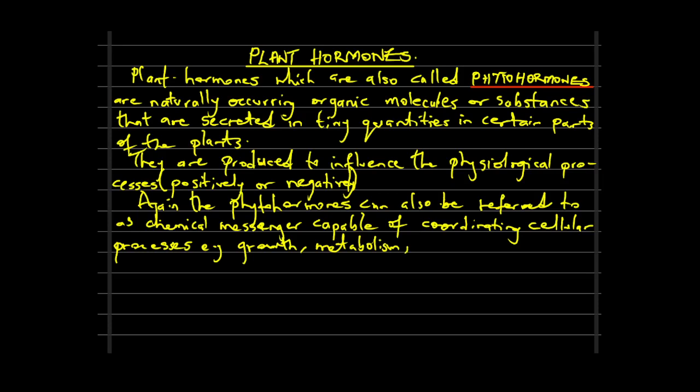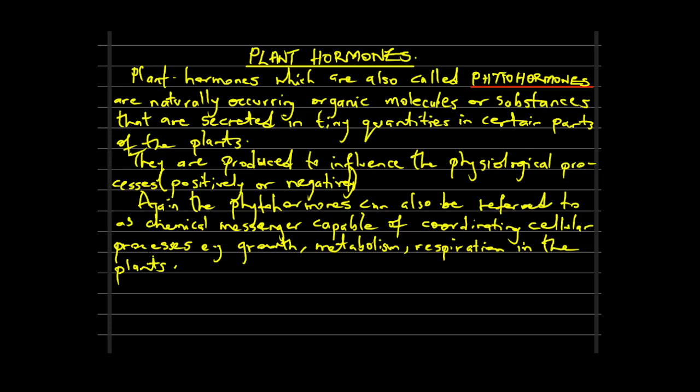Anabolism is the build-up phase, while catabolism is the degradative or breakdown phase. So we've listed growth, metabolism, and respiration. These are processes that these hormones help to coordinate or regulate. I believe we are getting what we are saying here.